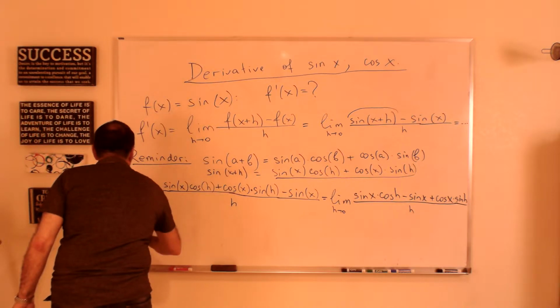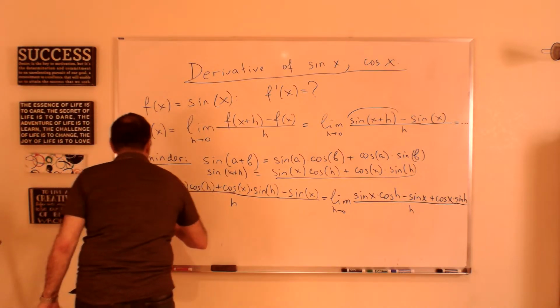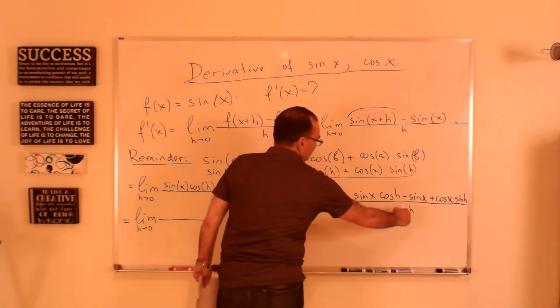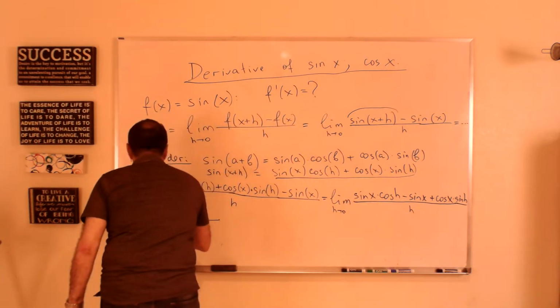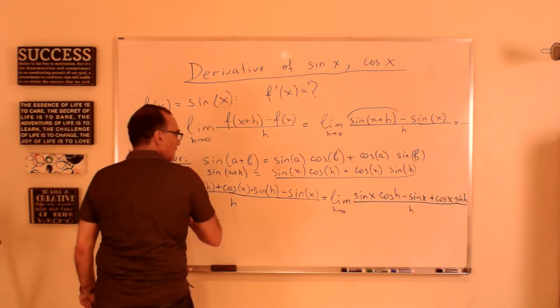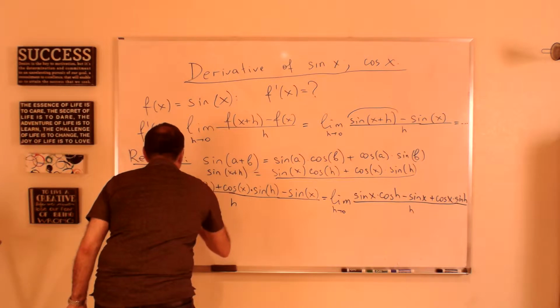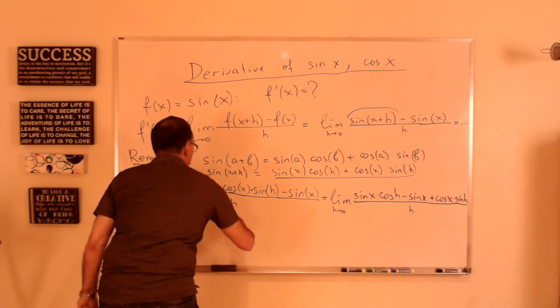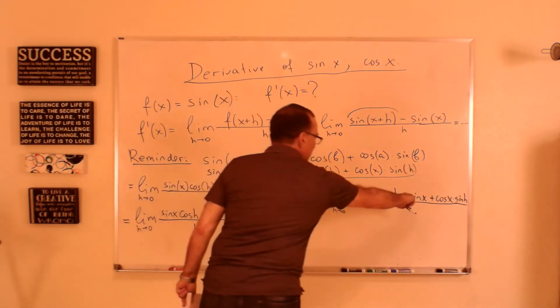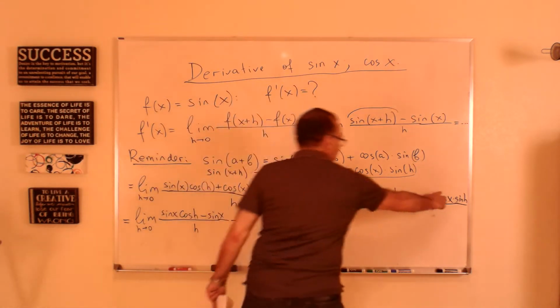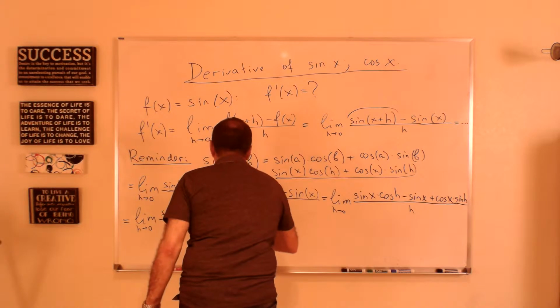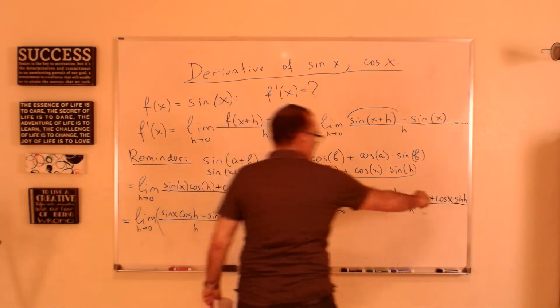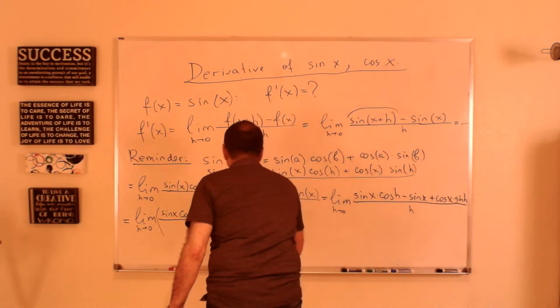Limit as h approaches 0. So I will split this fraction. So the first one will be sine x cosine h minus sine x over h plus, and the second will be just this. So it will be cosine x times sine h over h.